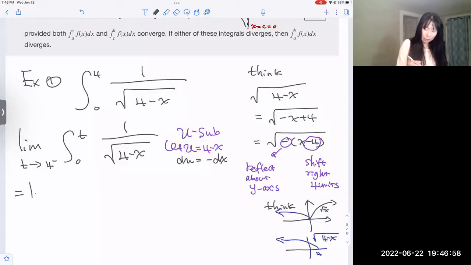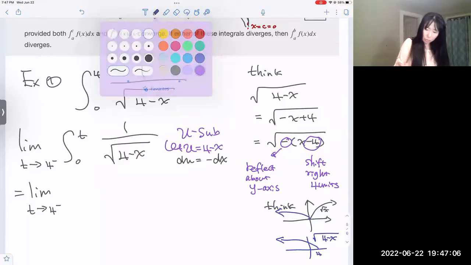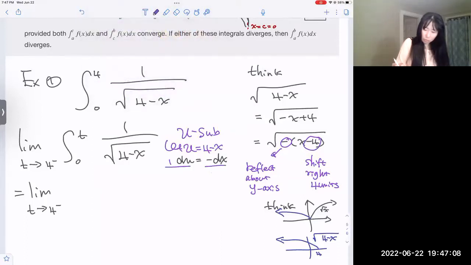So we will have, from 0 to 4, we put the negative sign and u to the -1/2 du, right?